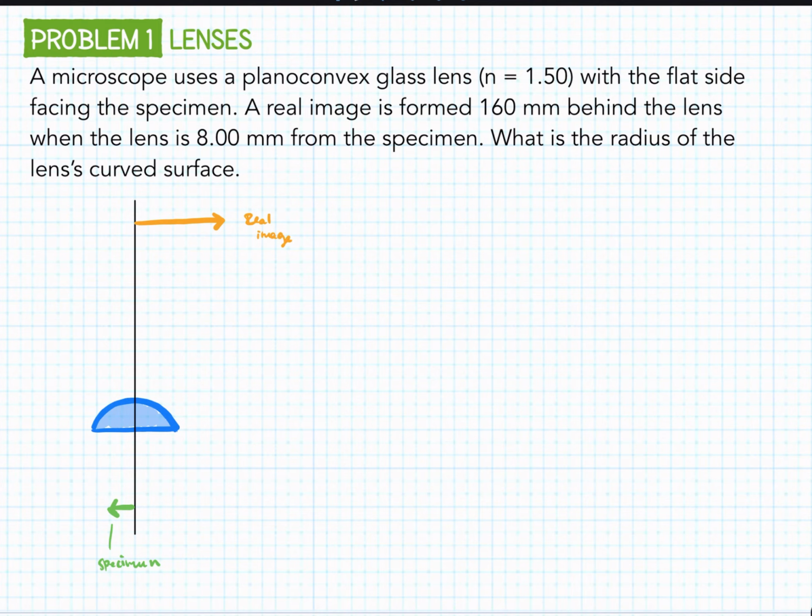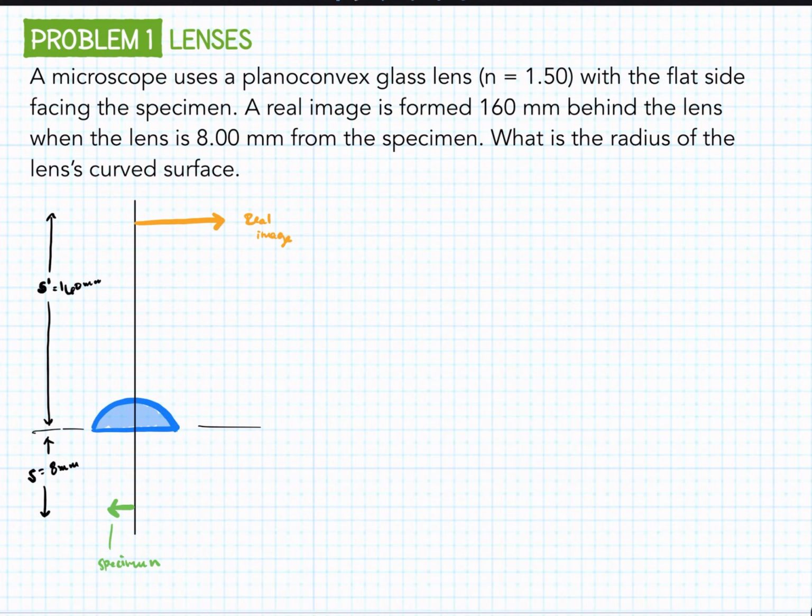And if we want to draw out the distances, this distance from our lens is going to be S prime, which is equal to 160 millimeters. And this is going to be our S, which should be equal to 8 millimeters. Alright, so that's our distance from our lens. So here's our object distance and here's our image distance.